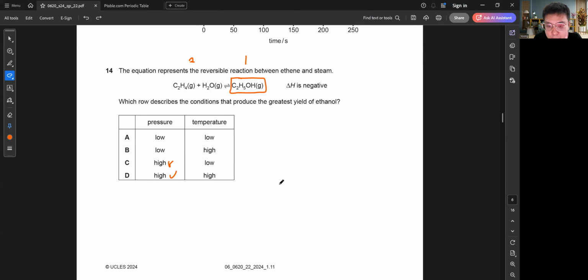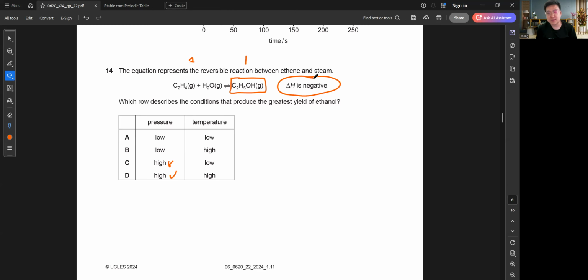For this one, if we want our ethanol to be maximum, we want the forward reaction to be optimized. Okay, we can look here.